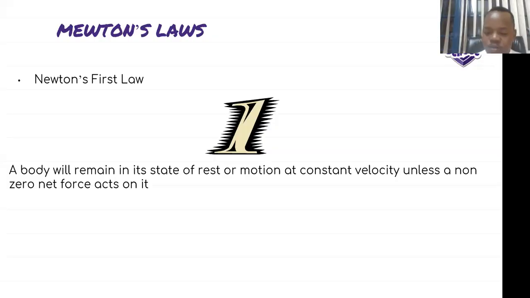The reason the object was in its state of rest, the reason it was stationary from the onset, is because the net force acting on it was zero. But now this object is at rest, and you come and apply a net force on it.